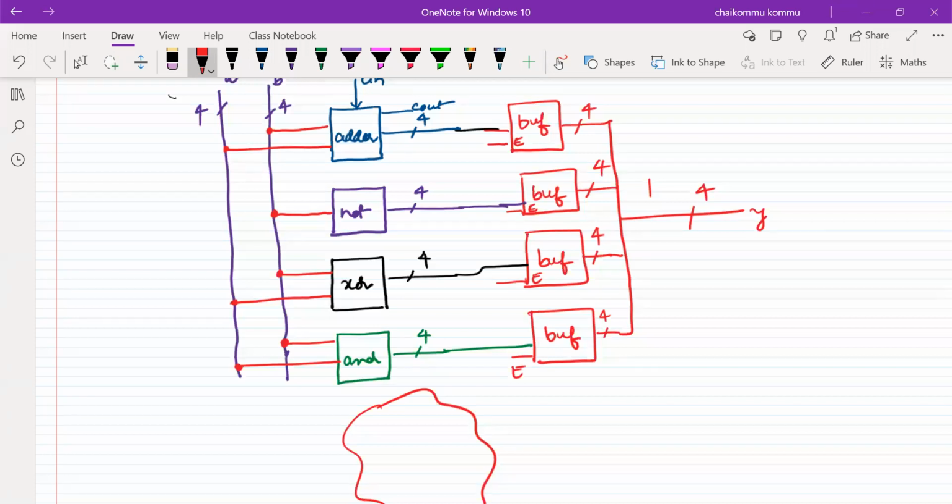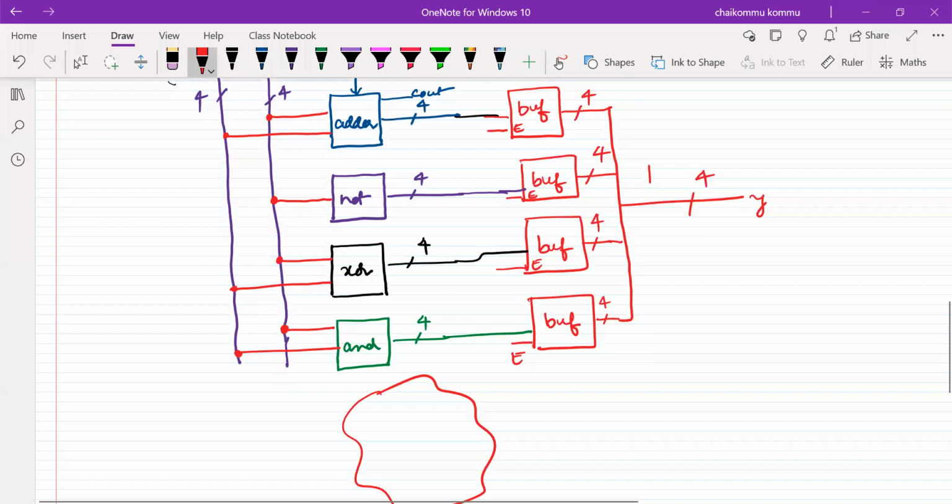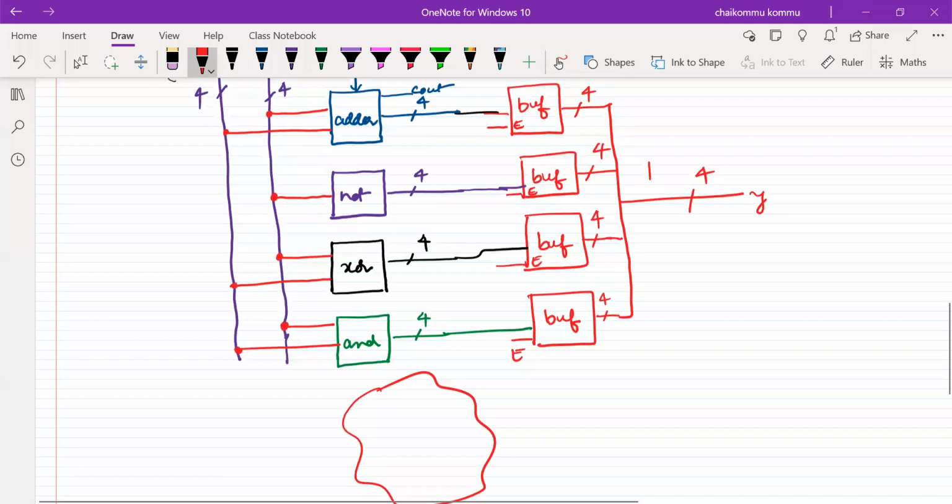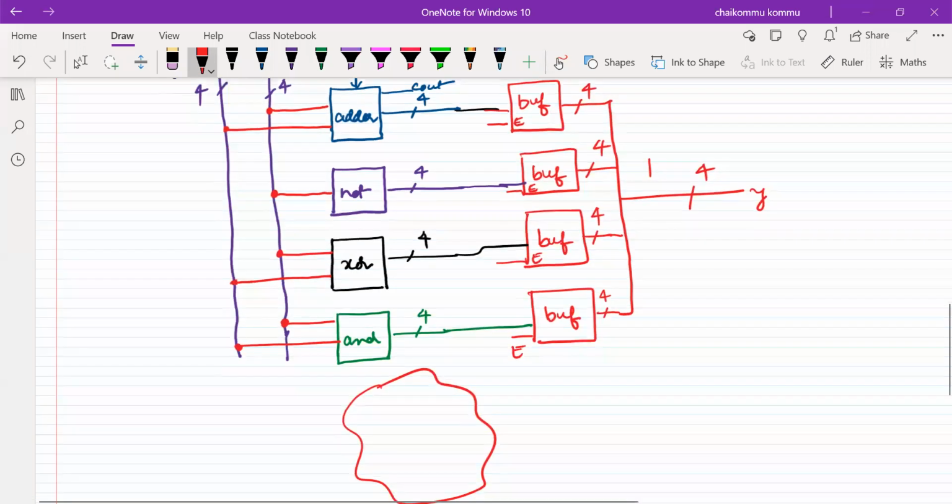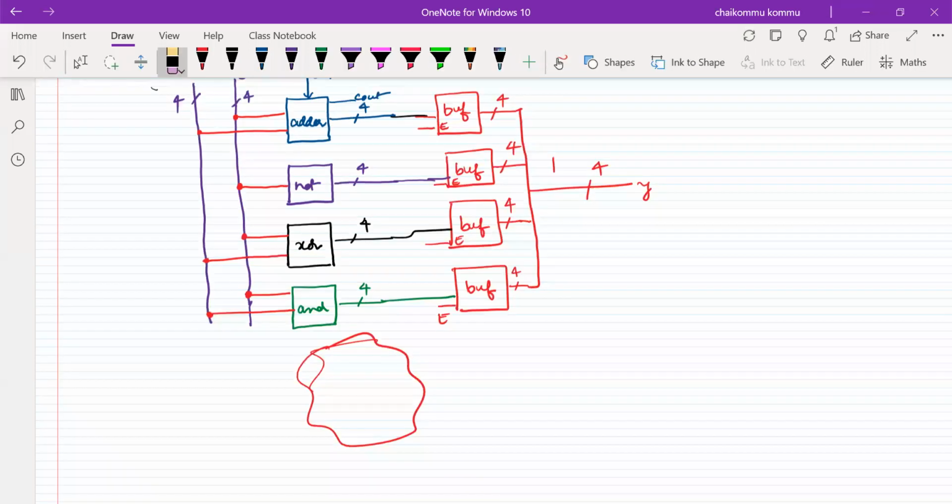So I'm going to consider a 2x4 decoder. What is the size of this decoder? 2-bit size, right? It takes two input data.